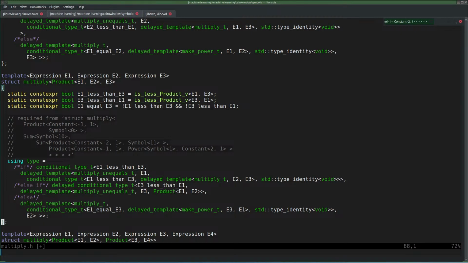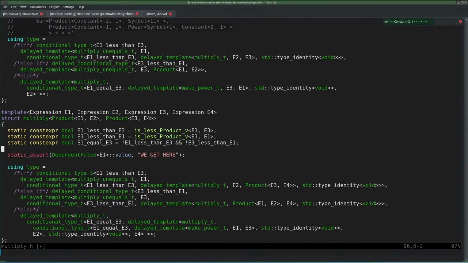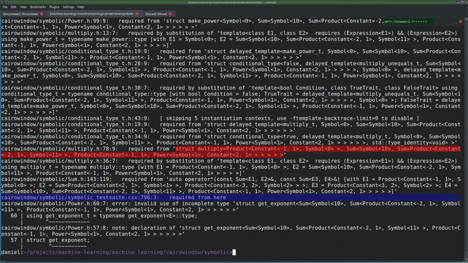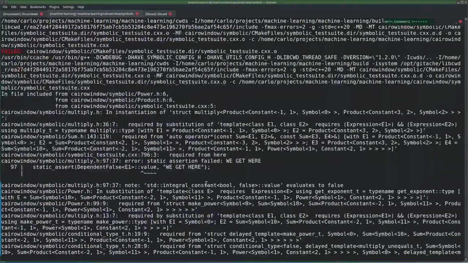Let's try this one. Okay, so now it's the first error.